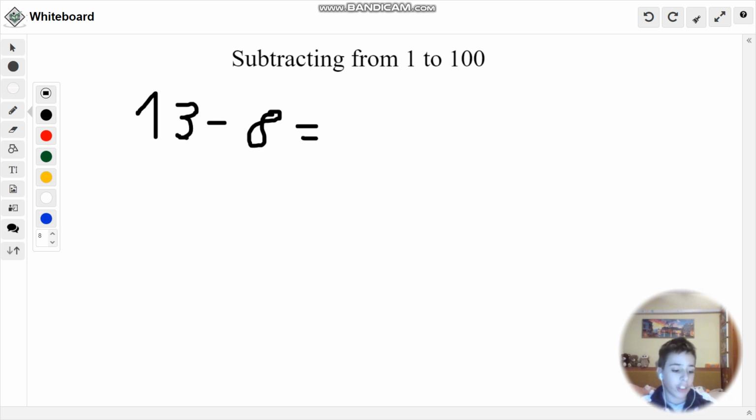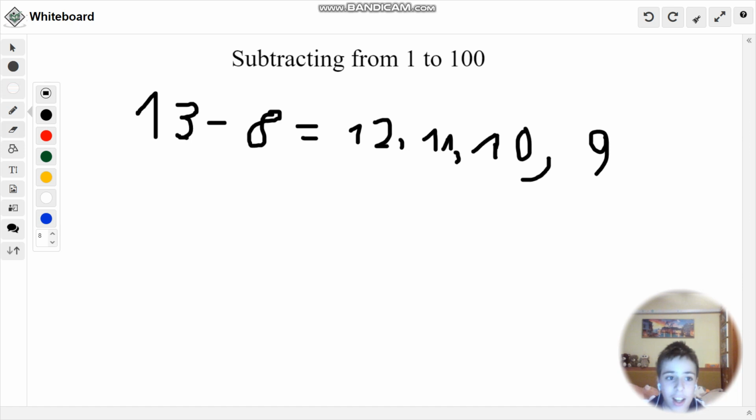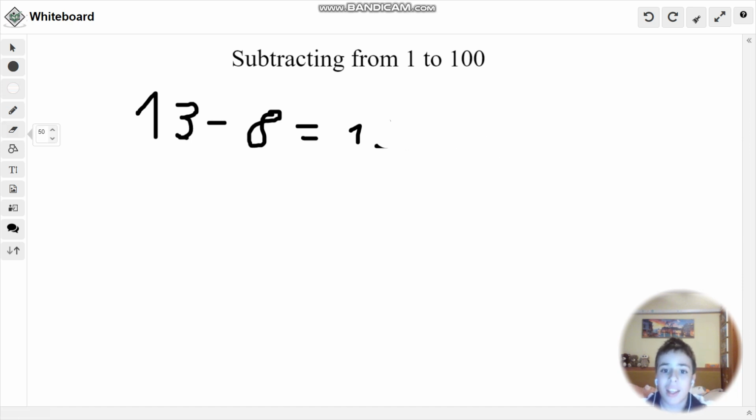Now what happens after that? This number gets sacrificed, quote unquote, to add a 10. So basically 2, 1, 12, 11, 10. And then this number disappears and we go back 9, 8, 7, 6, and 5. So the answer is 5.